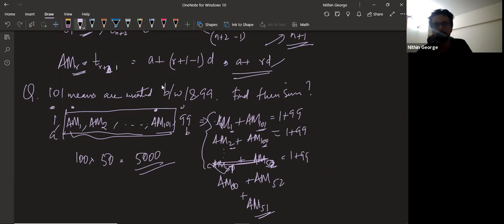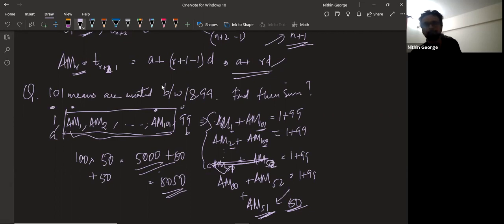The sum of all this will be how much? So this will also be 1 plus 99. And this will be half of that, 50. So this becomes 100 into 50 plus 50, which is 5,000 plus 50, which is 5050. Any doubts here?